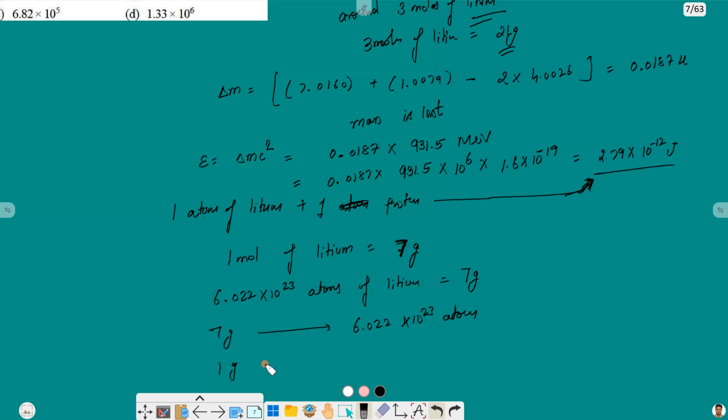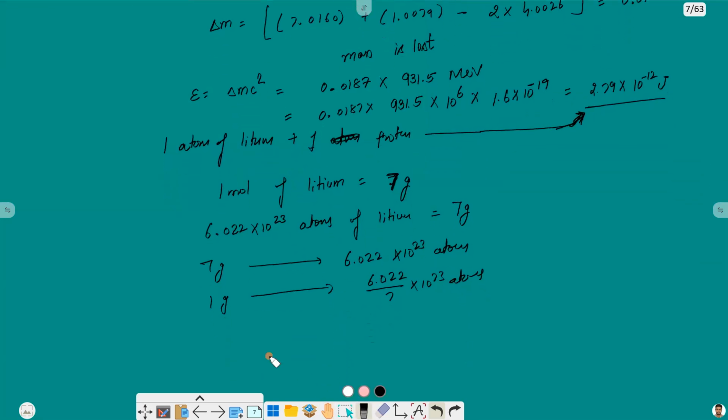Now from this, 1 gram of lithium will be equal to 6.022 divided by 7 into 10 to the power 23 atoms, and as per given we have 20 gram of lithium. So in 20 gram of lithium we have 6.022 into 20 divided by 7 into 10 to the power 23 atoms. Each atom of lithium, when it comes in contact with a proton, produces 2.79 into 10 raised to power minus 12 joule of energy.